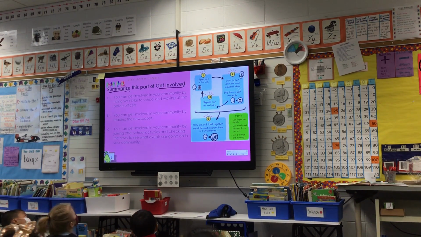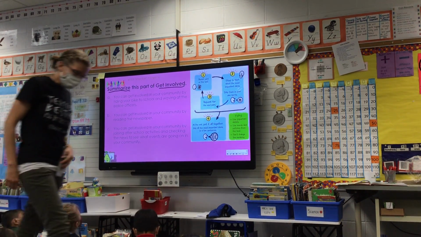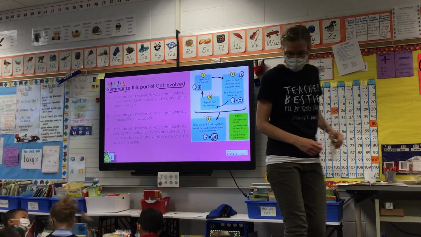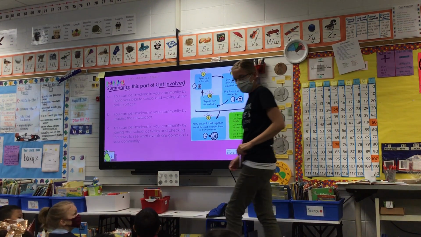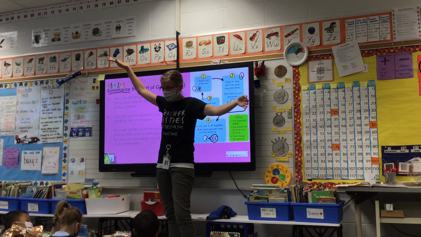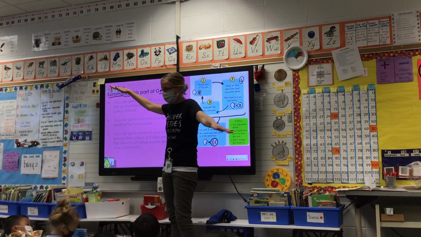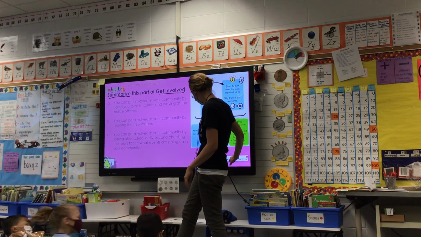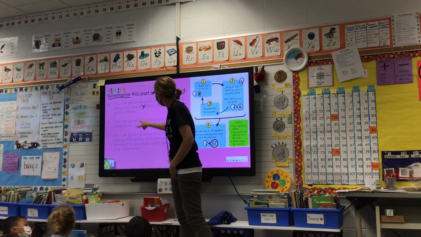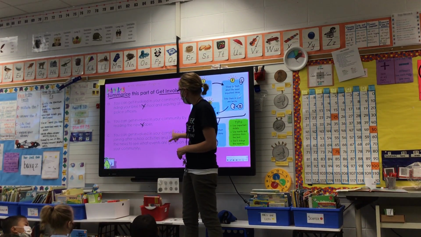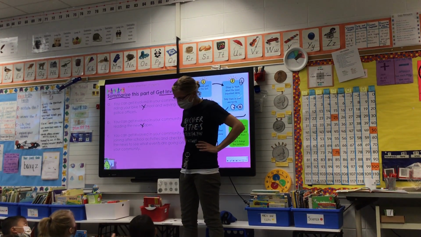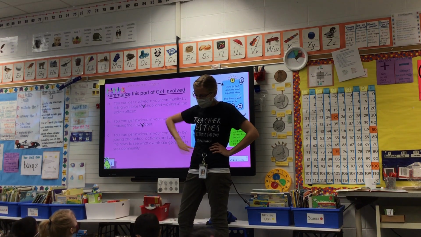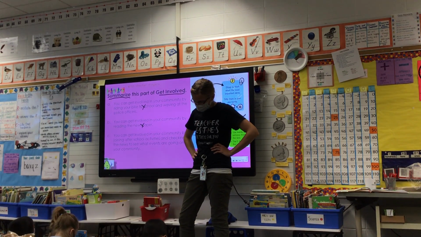Look at the second one. Reading the newspaper. Can you point to that? Was this whole section about reading the newspaper? No. Look at the last one. By joining after school activities. Point in your book where it talks about joining after school activities.